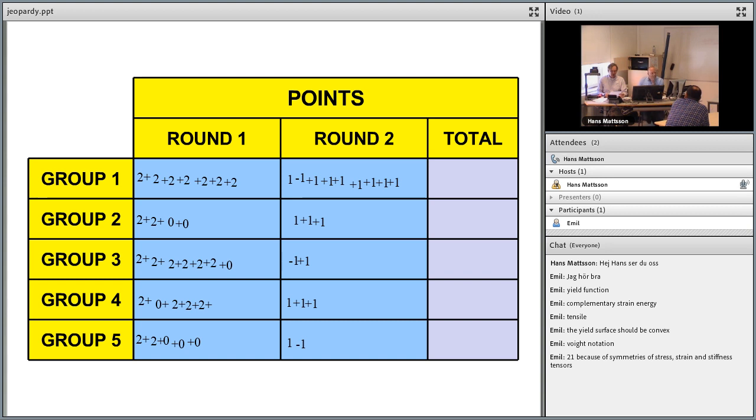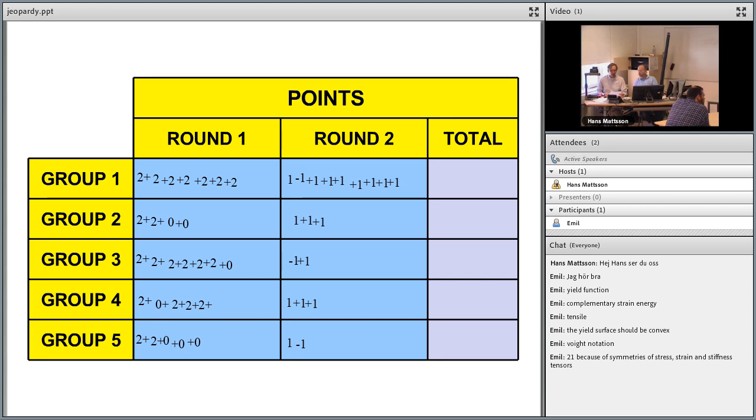How many equations do we have in the three-dimensional case? 24. That is not correct. Minus 1, and I read the question again.